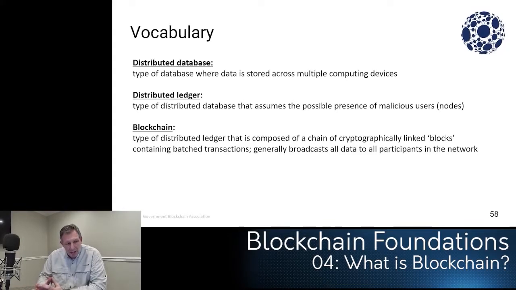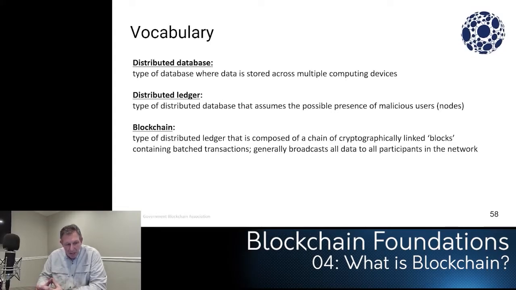And so a distributed database, and again, these have been around for a long, long time, is a type of database where the data is stored across multiple different computing devices. A distributed ledger is a distributed database, but it's a particular type of distributed database. So in a distributed ledger, typically you're going to see some kind of a consensus mechanism, right?